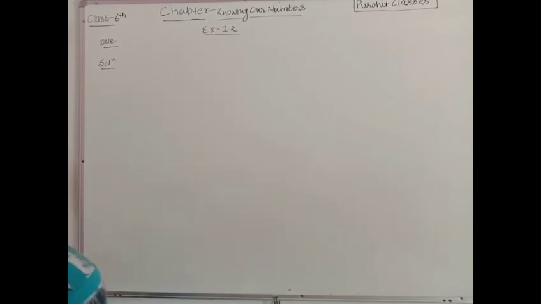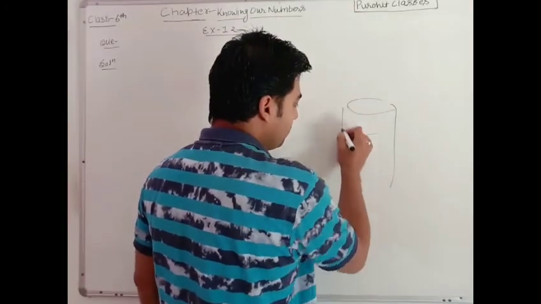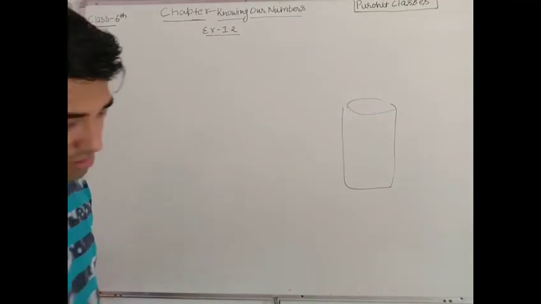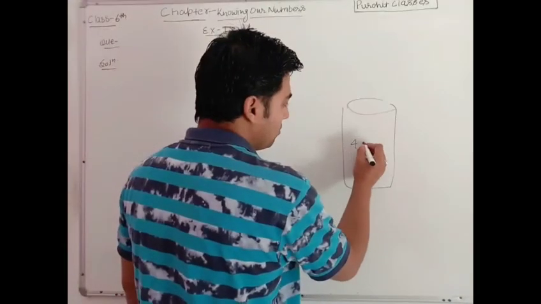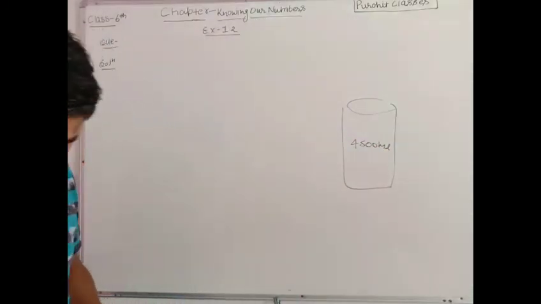Now let's see question number 12. A vessel, means container, bartan, has 4 liters and 500 ml of curd. Very good. In how many glasses, each of 25 ml capacity, can it be filled? This question is just like stretching the shirt. This is the container or vessel. It contains 4 liter and 500 milliliter. If we convert, that will become 4500 milliliter, because 1 liter equals 1000 milliliter.